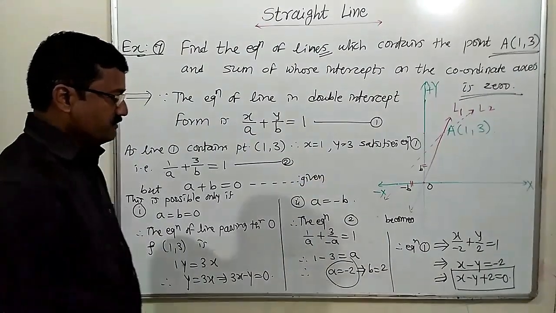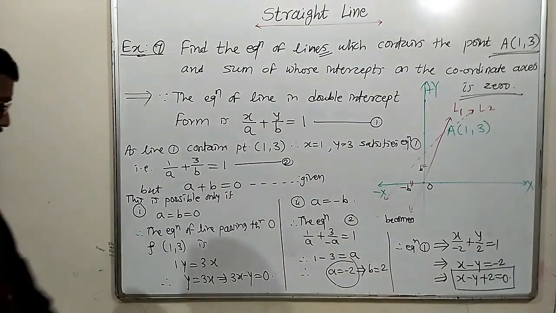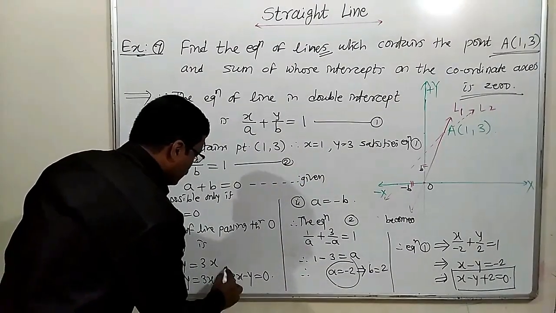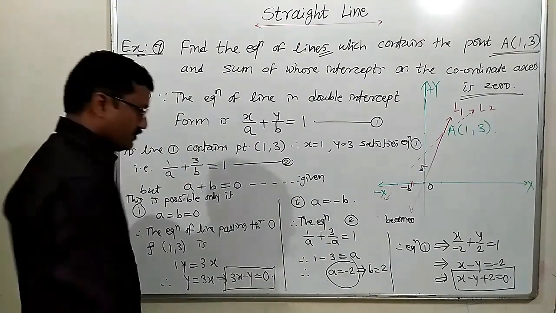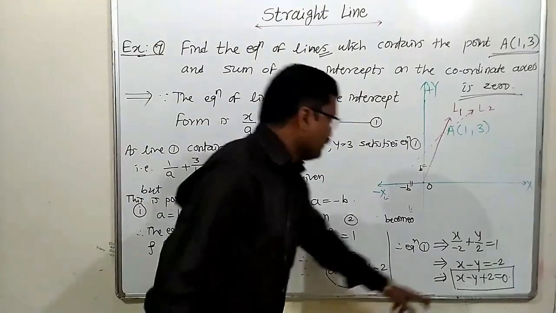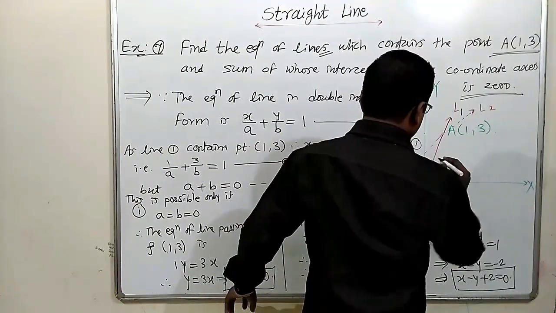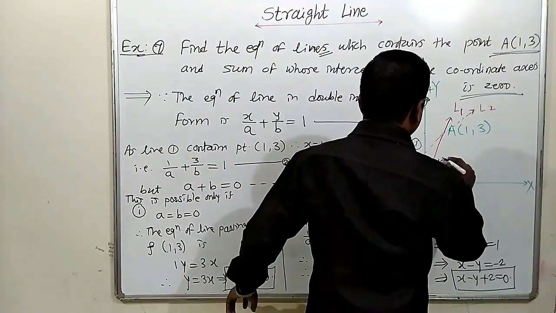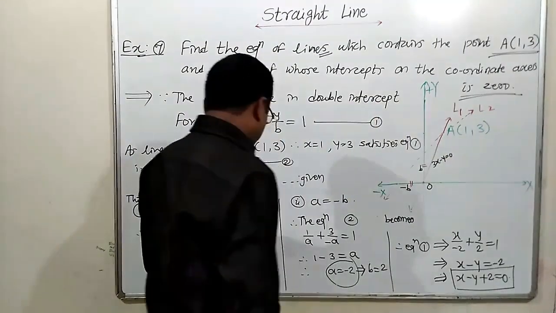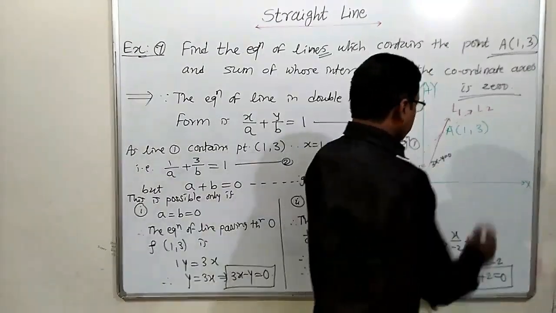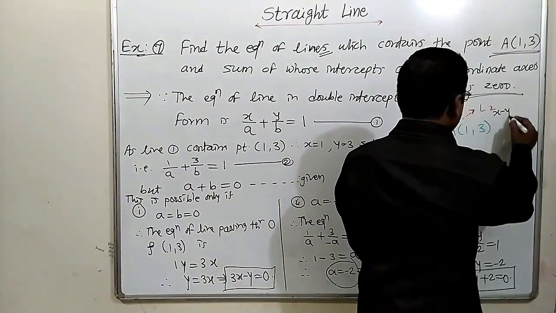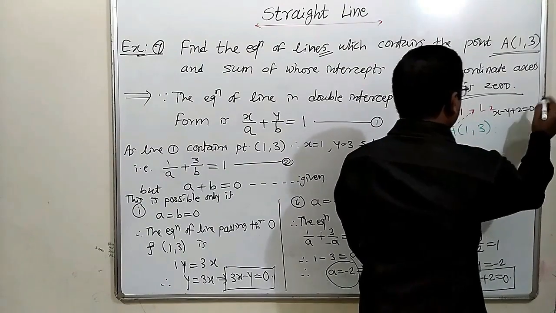So that we get the equation x minus y plus 2 equal to 0, and the other, 3x minus y equal to 0. So these are the two equations. One is 3x minus y equal to 0, the line passing through the origin, and the line which does not pass through the origin has its equation x minus y plus 2 equal to 0.